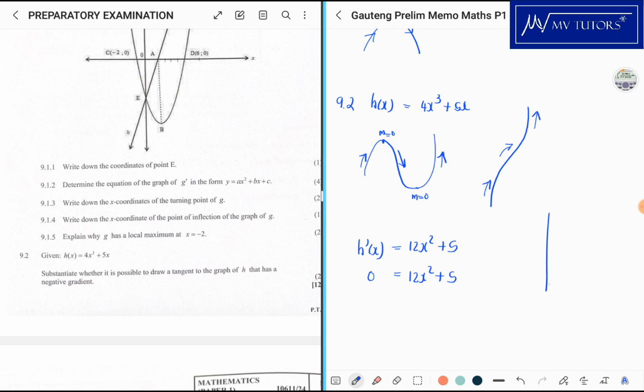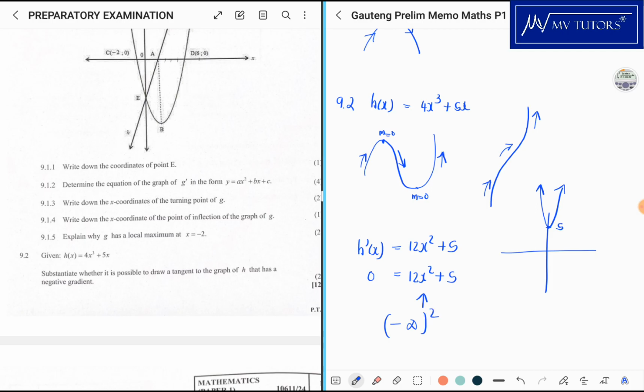If you were to sketch this graph, it probably looks something like this. Very narrow, and this is your 5. Now, looking at 12x squared plus 5, do you foresee this graph getting anything negative? If you're going to use negative values, you're always going to get a positive, because you'll have to square it.